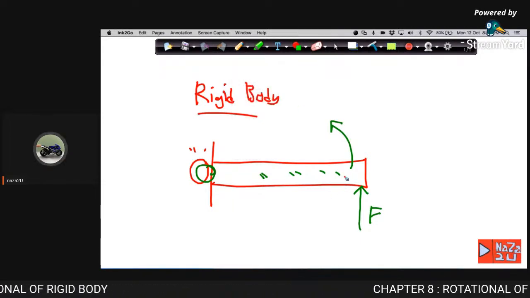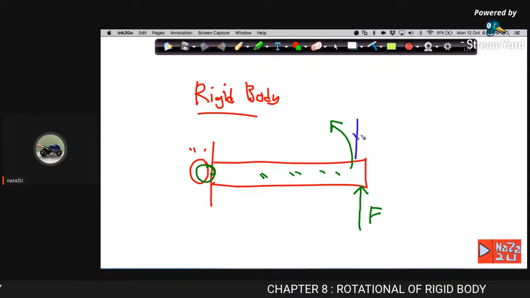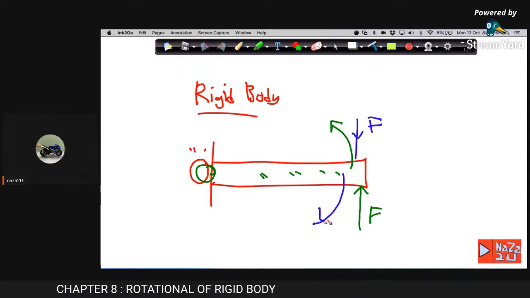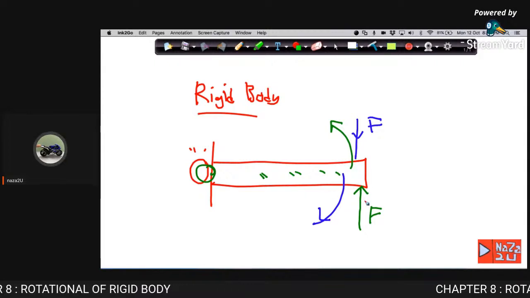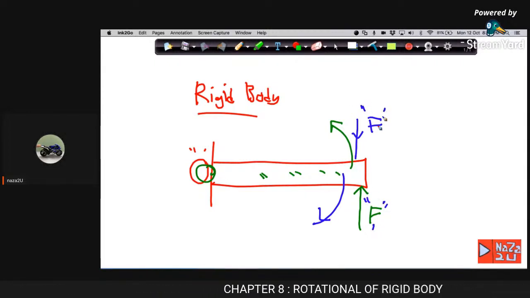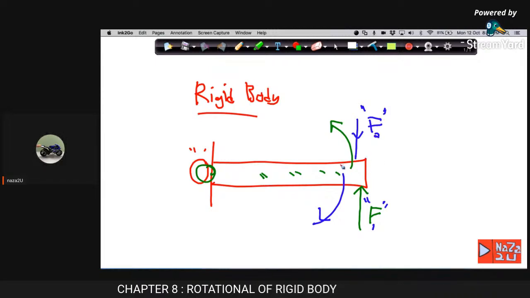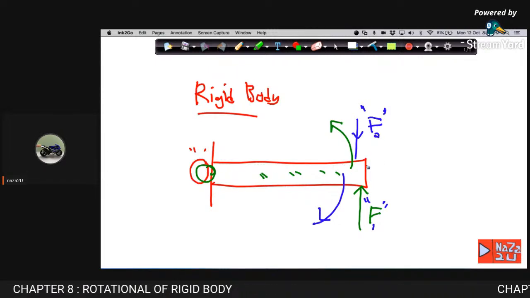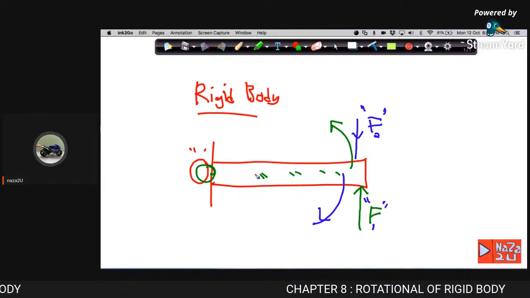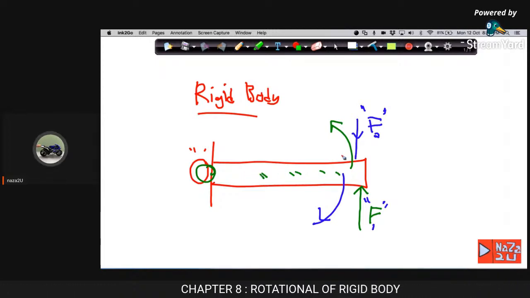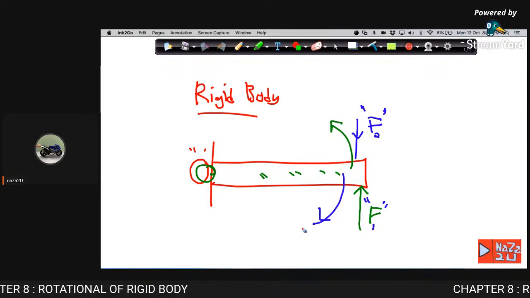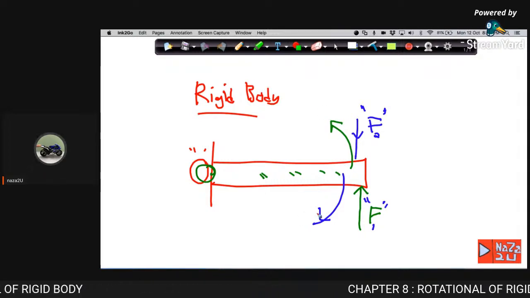Or if you use a downward force, it will rotate downward. This means that when you apply an external force, let's say F1 upward and F2 downward, the shape of the metal rule does not change. It only rotates, anti-clockwise or clockwise.